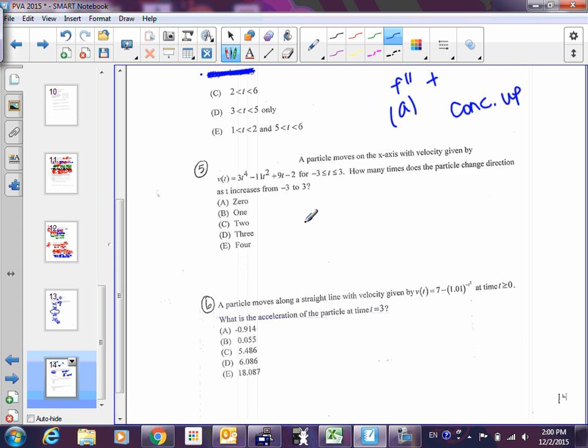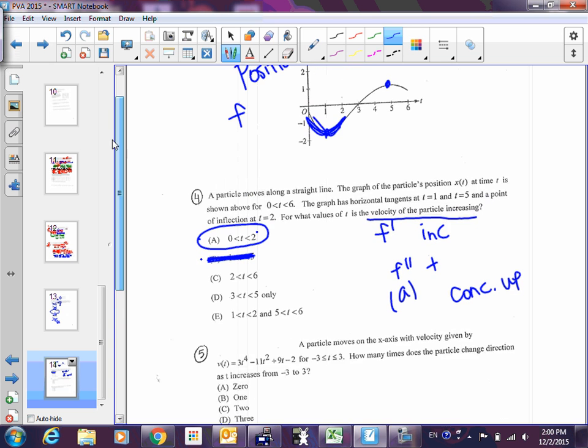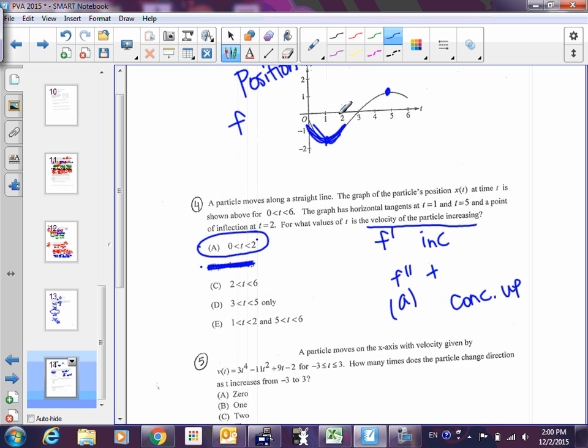I have a question. Sure. Where it says for what values is the velocity increasing, why are you looking at double prime? Because its velocity is increasing, so velocity's derivative, basically the second derivative, has to be positive. Here's the thing. I'm given something, and I'm told its rate of change is changing.